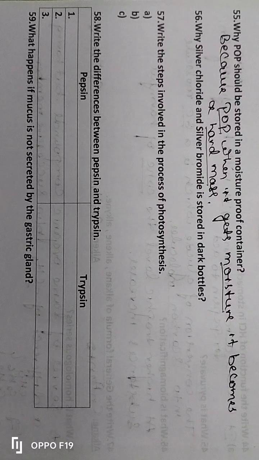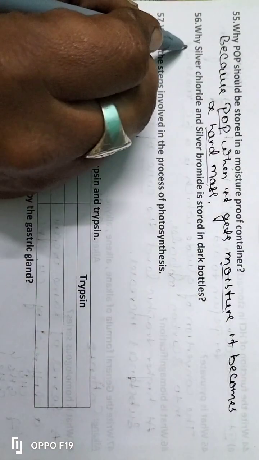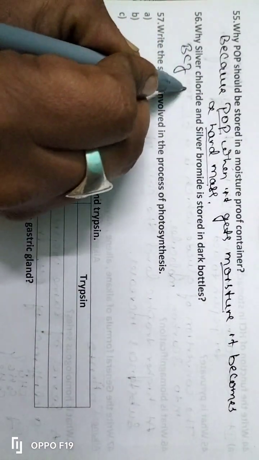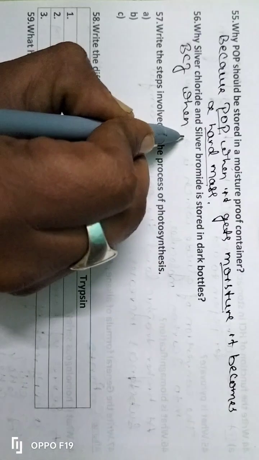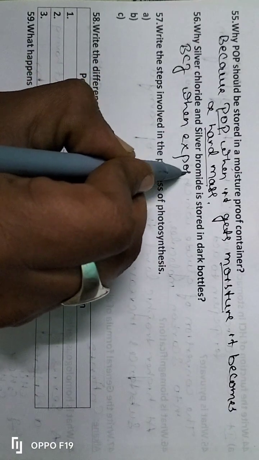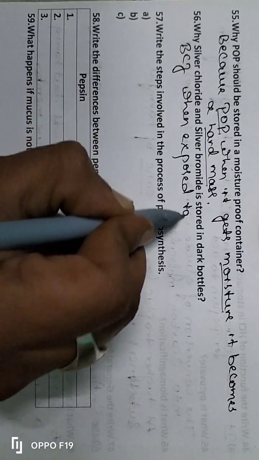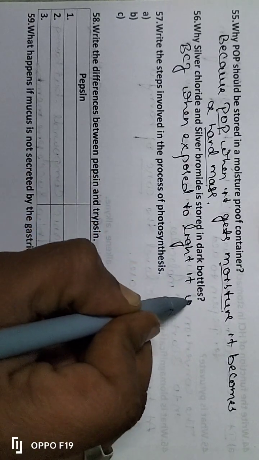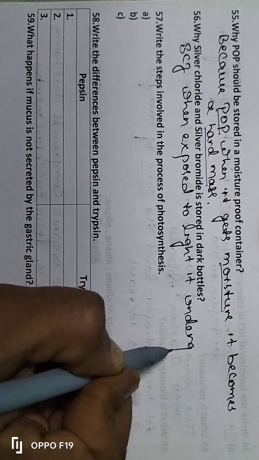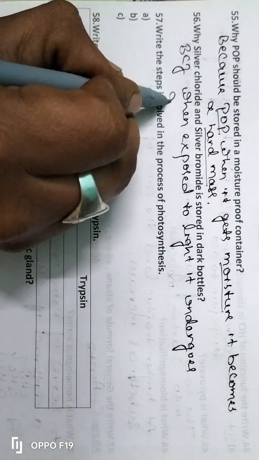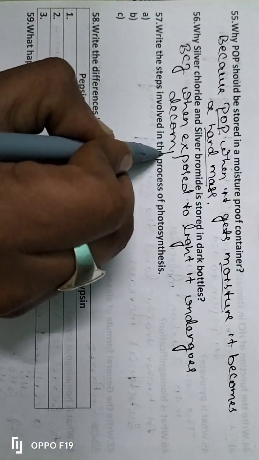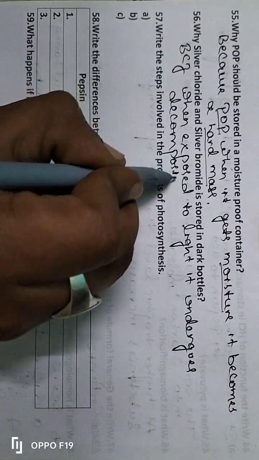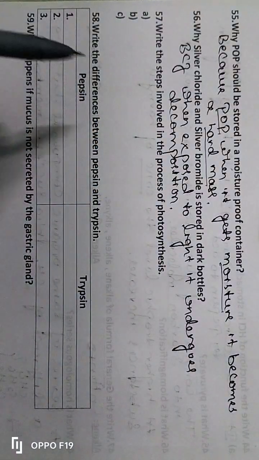Then coming to 56th question, why are silver chloride and silver bromide stored in dark bottles? Because when exposed to light, they undergo decomposition.